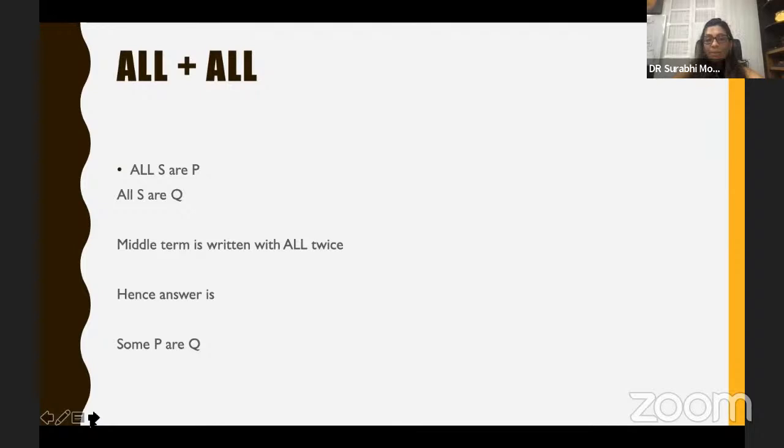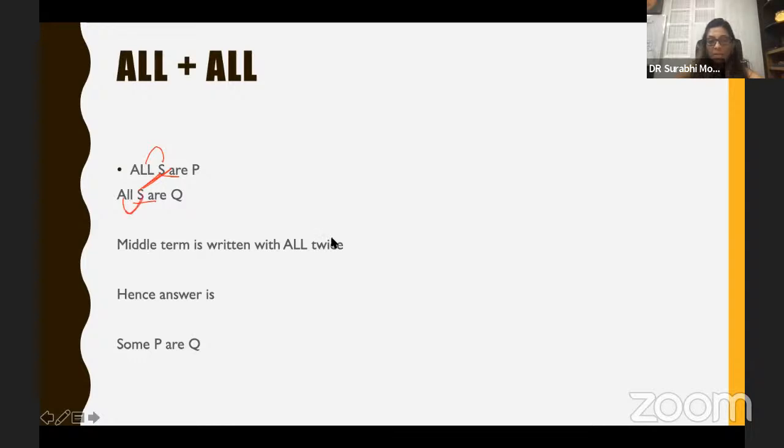Now let's look at another combination which is possible for all plus all. What if the middle term is written with all in both the statements? This is the middle term. In statement 1 also it's written with all, and in statement 2 also it's written with all.